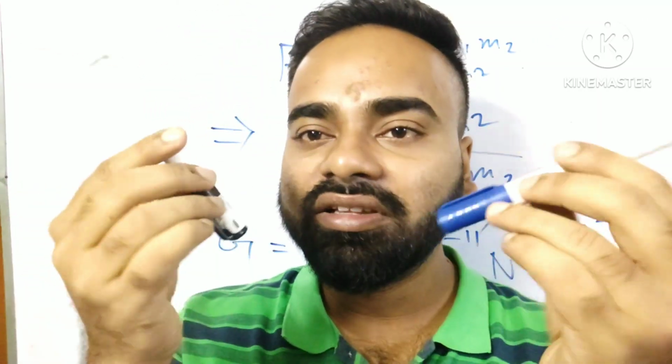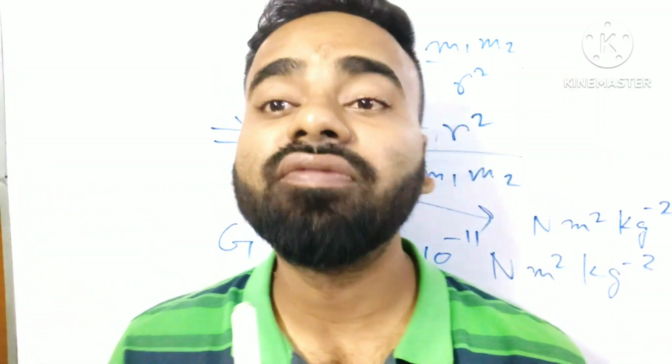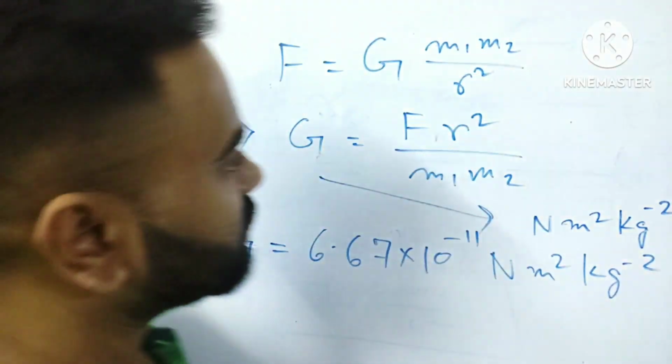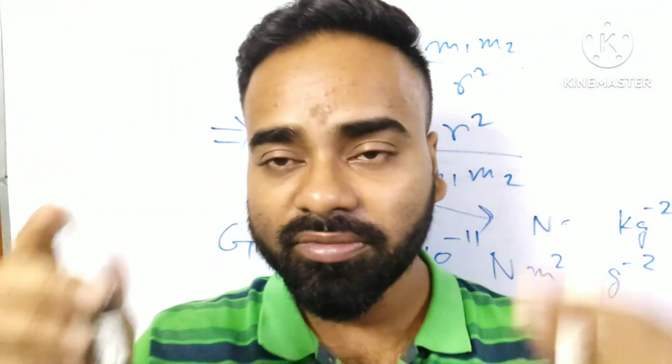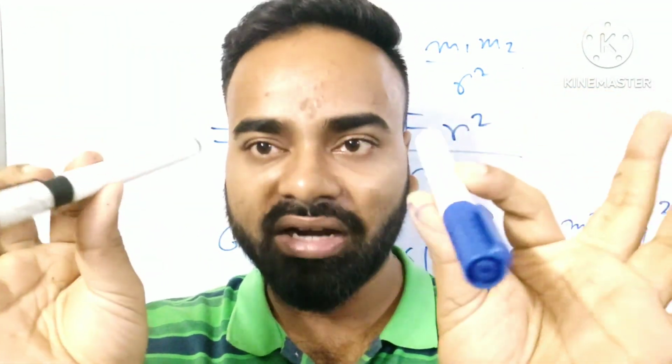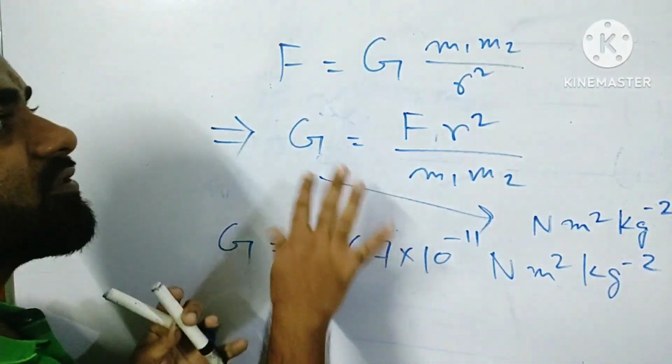but we can't feel the effect of the force of attraction because the force is directly proportional to the product of the masses M1 M2, and the masses of these pens are not very high, so the force is very weak.